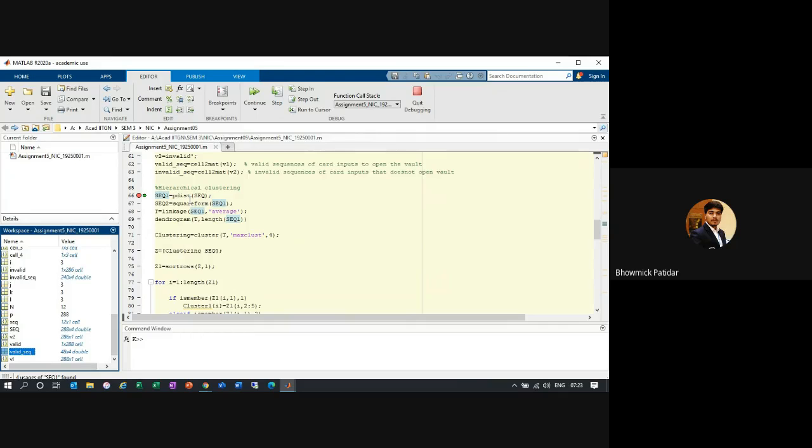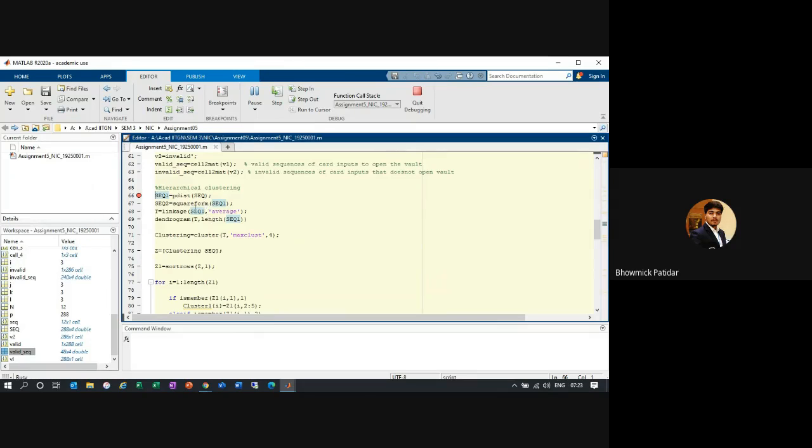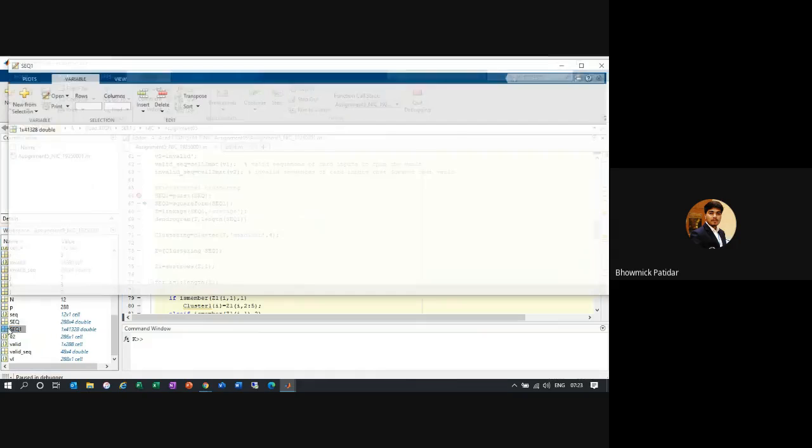The pdist function identifies the Euclidean distance between the patterns, and we can visualize this in square form, so we're using the squareform function. Suppose I run it here.